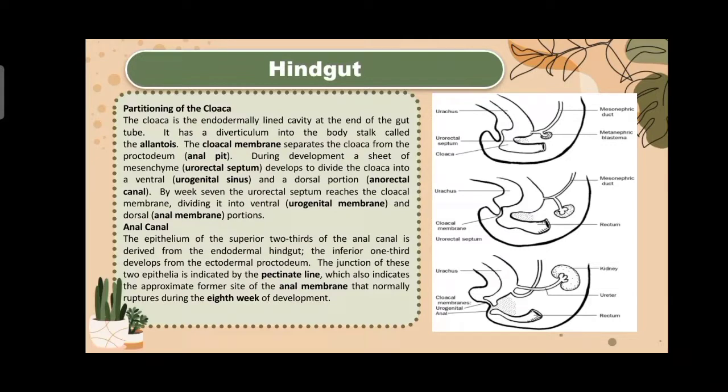By the 7th week, the urorectal septum fuses with the cloacal membrane, giving rise to the anal membrane and the urogenital membrane. The anal membrane ruptures during the 8th week, allowing communication between the anal canal and the amniotic fluid. The superior two-thirds of the anal canal originates from the hindgut, and the inferior one-third is derived from the proctodeum. The pectinate line is the junction of proctodeum ectoderm and hindgut endoderm.